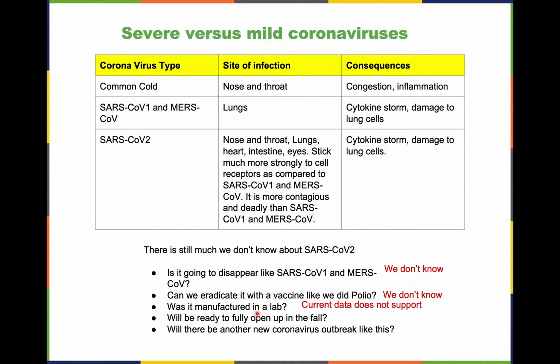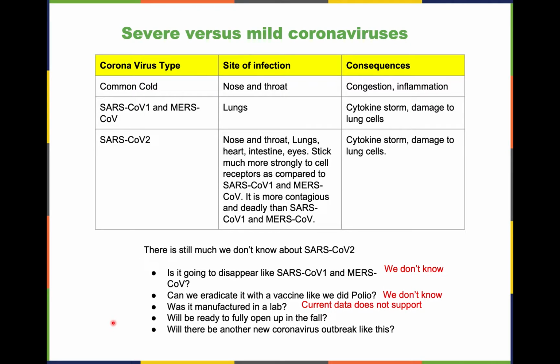Well, current data, people who do this for a living, who trace viruses through evolutionary analysis, when they look at the current data that we have about sequences of SARS-CoV-2 and other coronaviruses, the data doesn't support the idea that this virus was specifically manufactured in a lab to destroy the world.